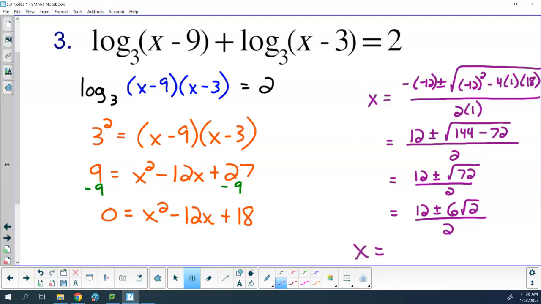So I get here x is 6 plus or minus 3 square roots of 2.